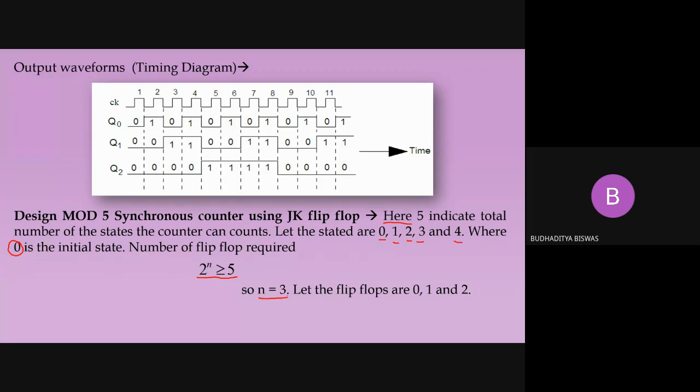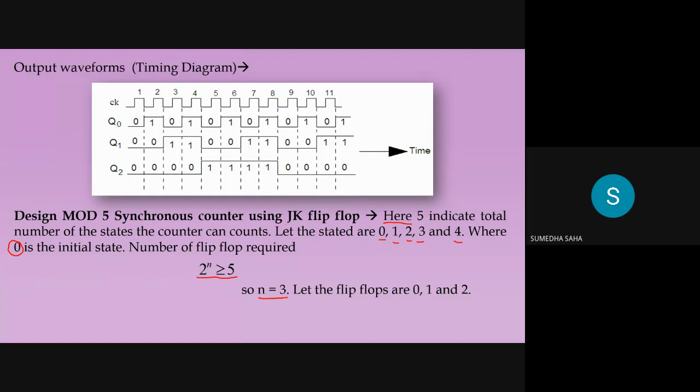Got this one? Yes, sir. So these are the primary steps. We need to find out how many flip-flops are required in your design. Here 3 flip-flops are required. And what is the type of flip-flop? What type of flip-flop do you require in this design? JK flip-flop.